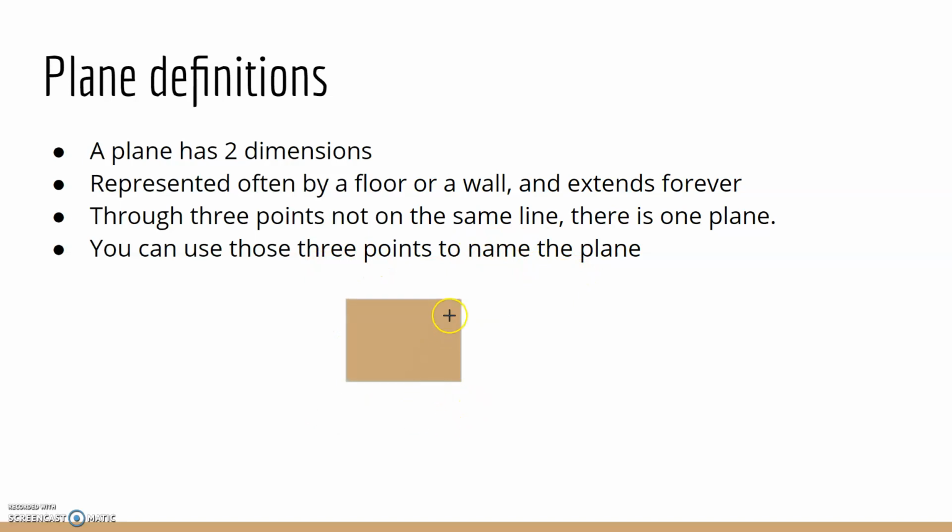Here we have our wall type shape, and then we have our line with point A and then point B. Next we have point C, which is outside the line, so we can say plane ABC or plane M. This letter M is given as another way of representing a plane. If a letter like this is given, then you can say plane M, or plane whatever the letter given to you. If not, you can use the 3 points that are given to you.